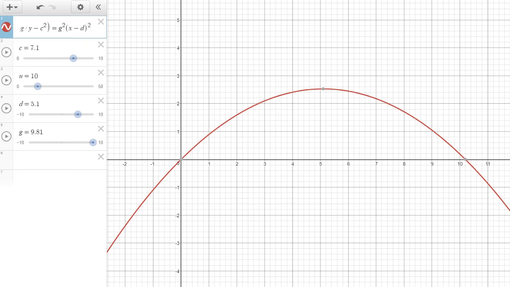At 45 degrees it should travel its furthest distance, and the gravity is 9.81, and you can see that the distance travelled here is 10.2. If that's right, then we know it's right.